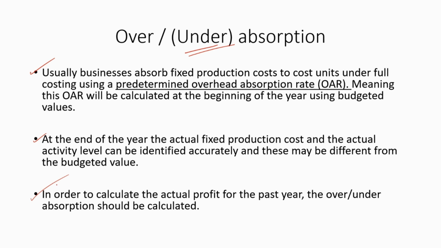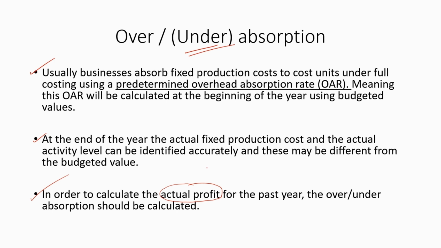In order to calculate the actual profit for the past year, the over or under absorption should be calculated. This is important. We only need to calculate the over and under absorption if we want to calculate the actual profit. If we don't want to calculate the actual profit, the over and under absorption will not be necessary.